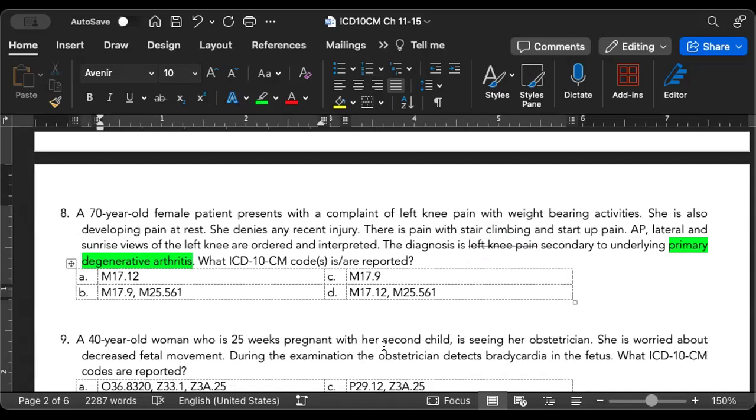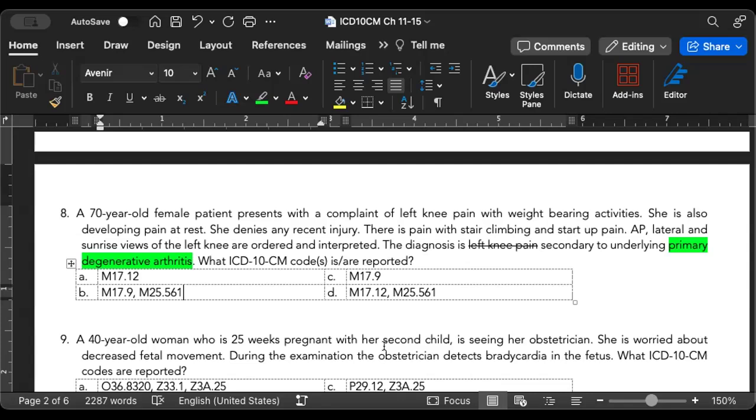Okay. So we will look up arthritis. Underneath arthritis, then we'll go to degenerative. And then that tells us to look where instead.